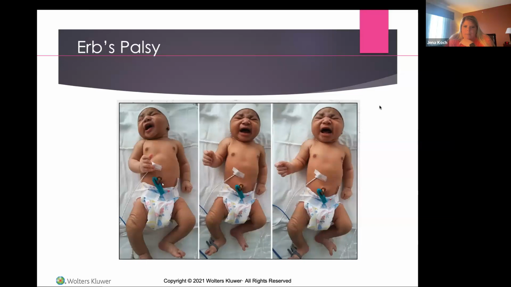Most of the ones that I've seen have not been so severe, and by the time they left the NICU, they had movement of that affected side. Sometimes they'll say it's almost like a waiter's tip, so sometimes they can have one hand go this way and one go this way.